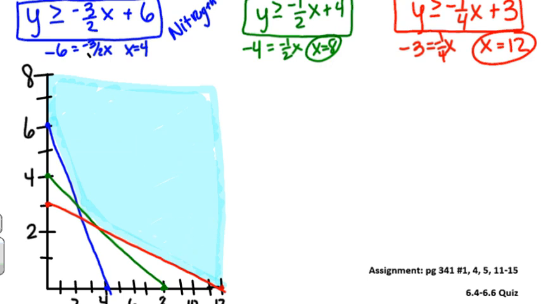So our minimum cost, we want to identify our vertices still, which will be here, 0 and 6. The ones that are obvious to us, I see here, which is 12 and 0. Again, if I had to guess, this would be 2 and 3.